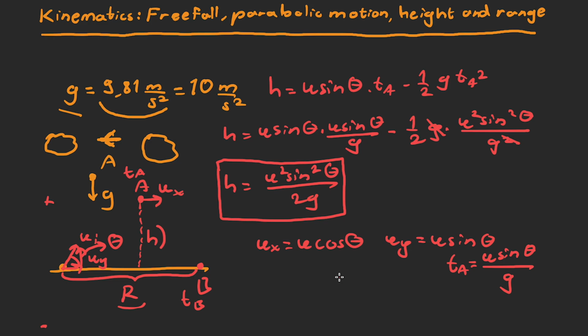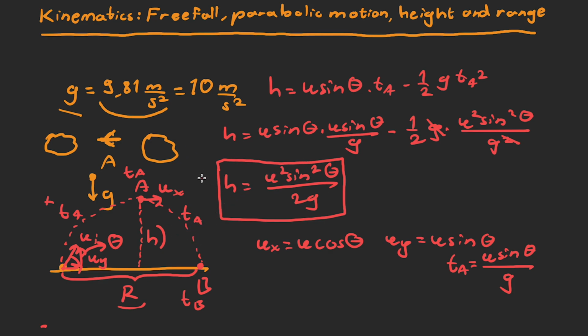How about our range? Well, one thing you need to understand is that we defined the time it took for us to get from this point to point A as TA. But the time it takes for us to get to point B from point A is also TA, which is an intuitive explanation, I think.